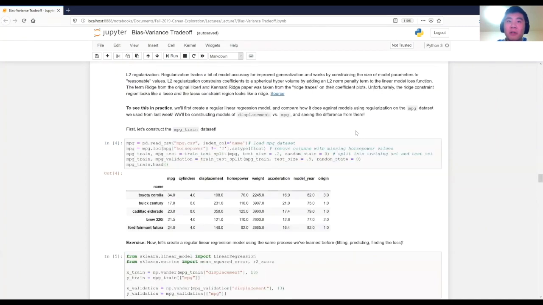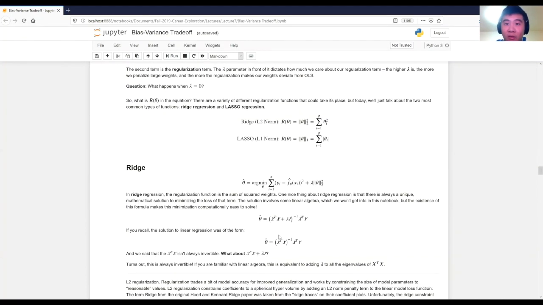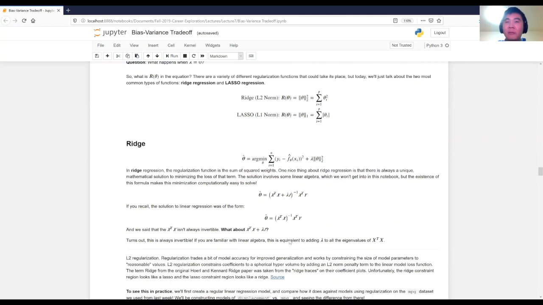The matrix I'm referring to is X transpose X.